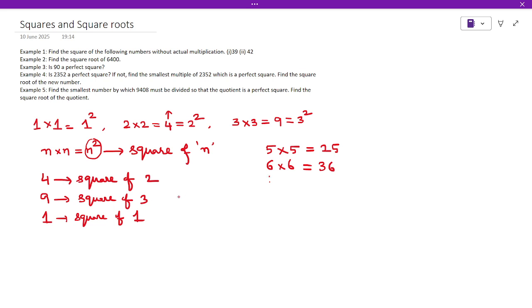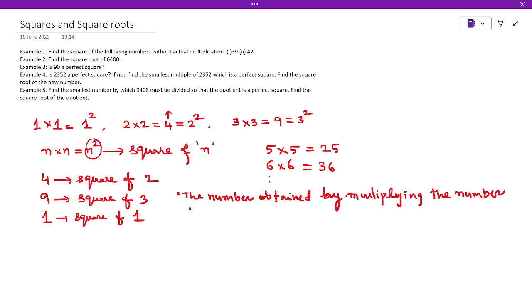So let me put it in words. The number obtained by multiplying the number with itself.